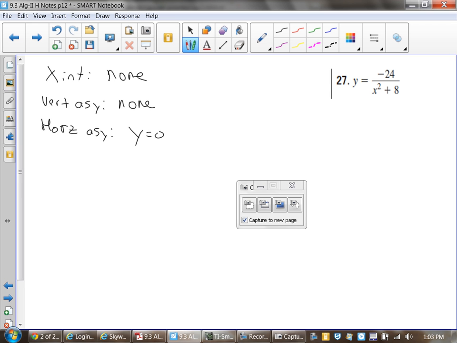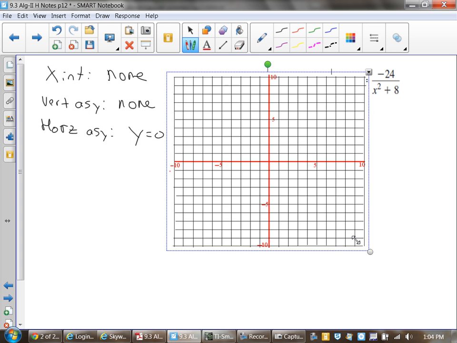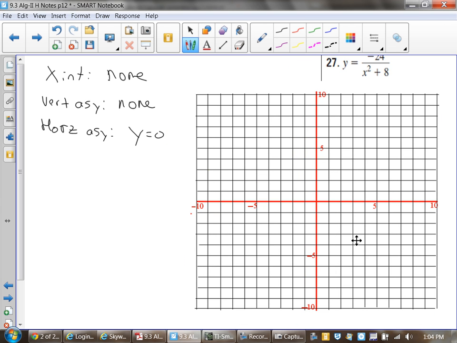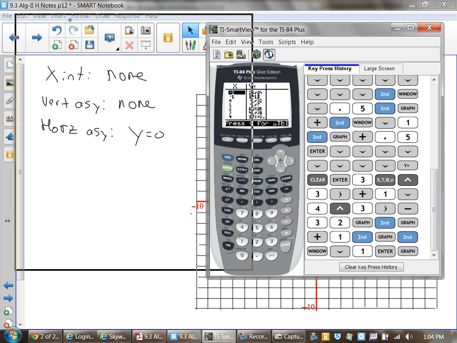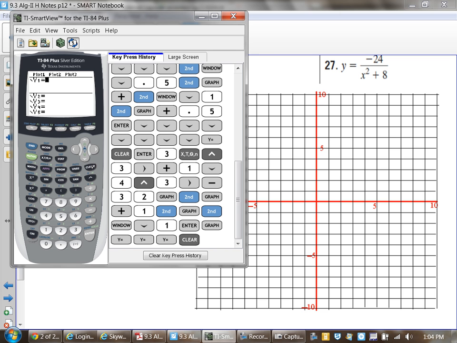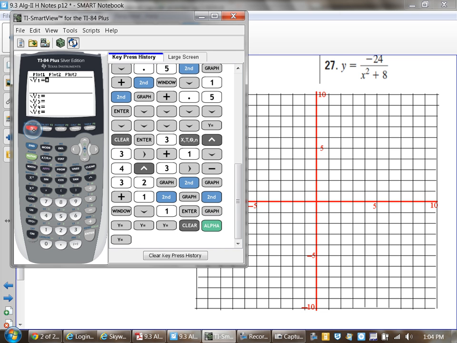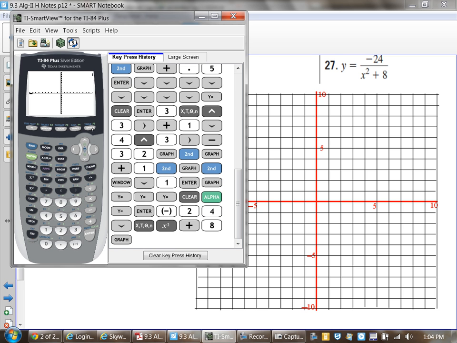Today, the next step would be to take a piece of graph paper out, and put this in my calculator, and I'll show you how that works again. We have y equals, alpha, y equals, enter, negative 24 over x squared plus 8, and I just hit my graph.